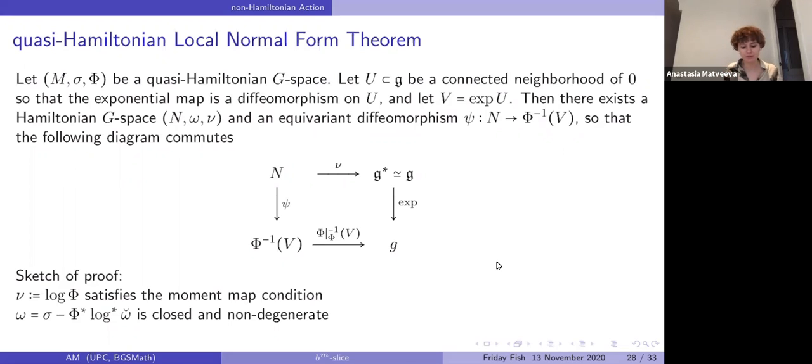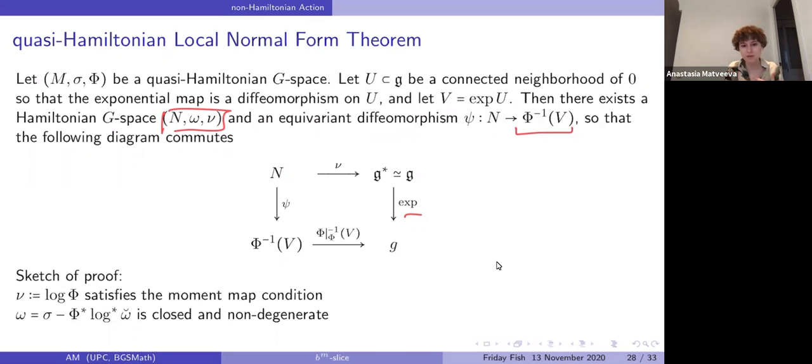One is that if you have a quasi-Hamiltonian G-space, you have a connected neighborhood U of 0 such that the exponential map is a diffeomorphism on U. Then you can take V, the exponent of U, and there exists a Hamiltonian G-space, a new one, equivariantly diffeomorphic to the pre-image of V under the moment map. So the following diagram commutes.